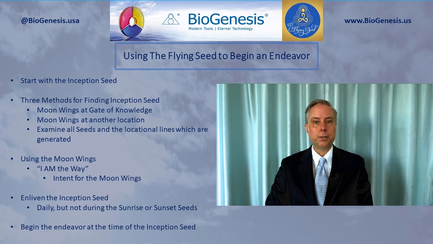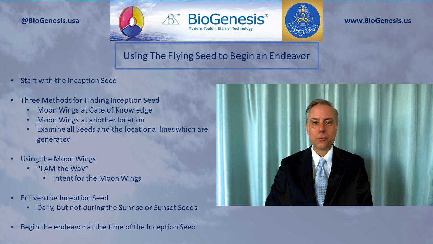So when should you begin your project? Once you have the inception seed, you go on the website and you will find out what day. Just keep going forward through the daily seed calculator, well actually the inception seed calculator, because the daily seed just automatically calculates it for the current time frame. But you can go to the inception seed calculator and you just set it for today, then tomorrow, then the next day, then the next day.